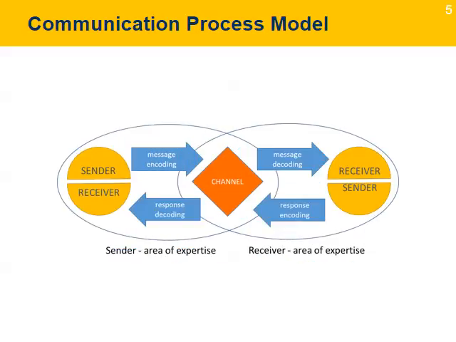In this model, communication is a two-way process and is incomplete without feedback from the receiver on how well the message is understood. In the model, a person, the sender, prepares the message and chooses the adequate channel or medium to send the message.